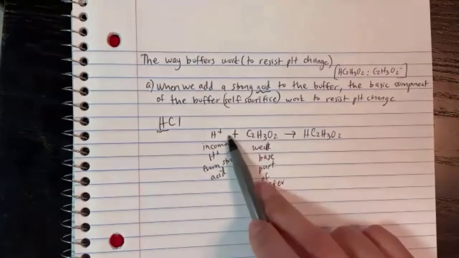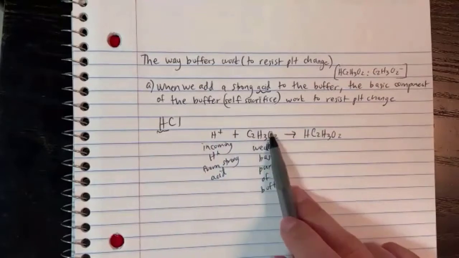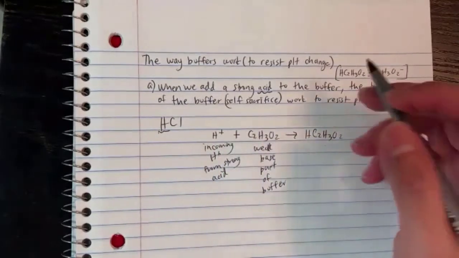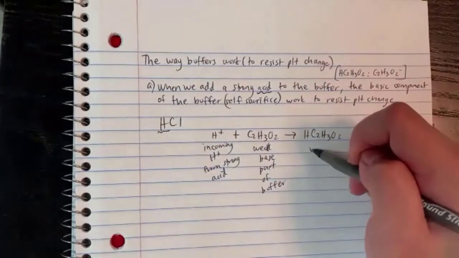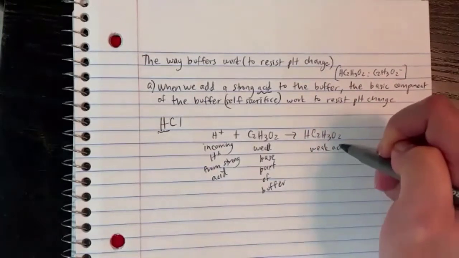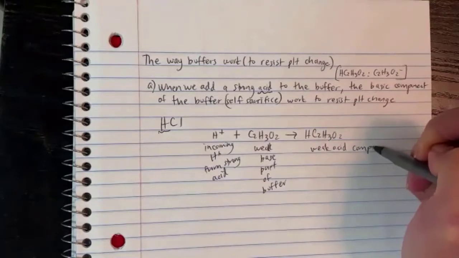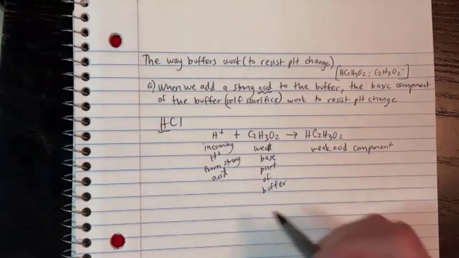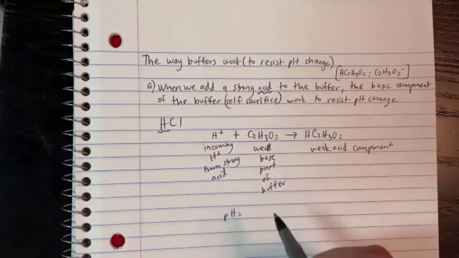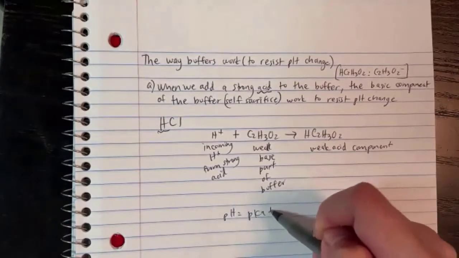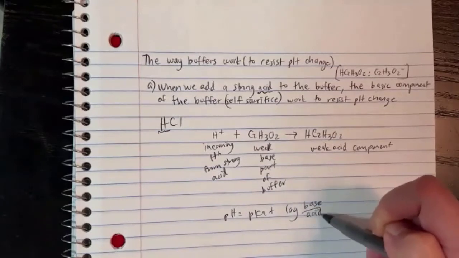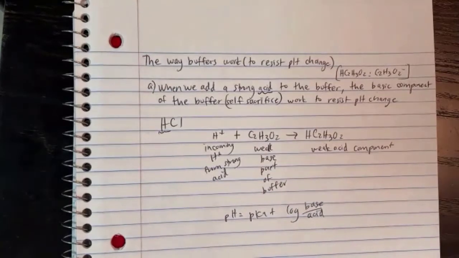So these two go down. Like if you have 1 mil in, this 1 mil of it sacrifices to make 1 mil of this, because it's a 1 to 1 ratio right now. So you will have more of the weak acid component. It doesn't really change the pH here, because the pH depends on what? pH equals pKa plus log of base over acid.